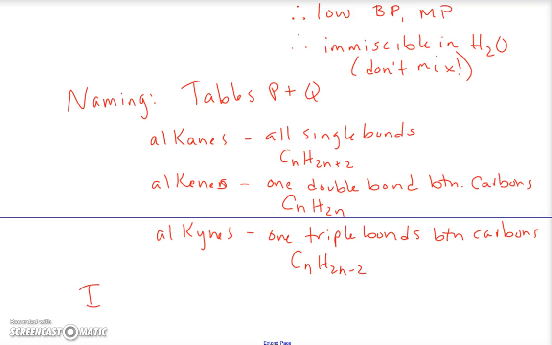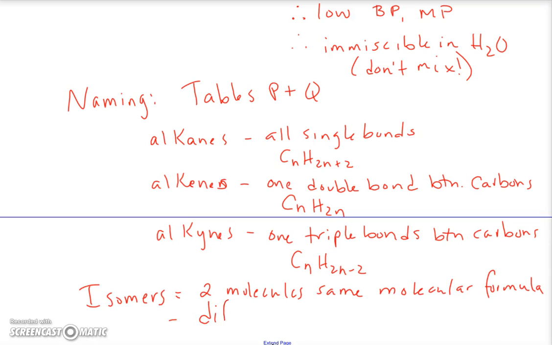There's also something you need to know about isomers. Isomers are when you have two molecules with the same molecular formula, but they have a different structural formula.